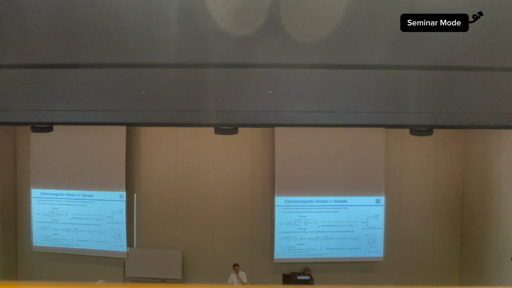So this slide shows how we can make a sample as a resonator. A cylindrical sample is treated as a cylindrical dielectric resonator, CDR. The resonant frequency of CDR is calculated by the formula here, and we can see TE mode or TM mode.